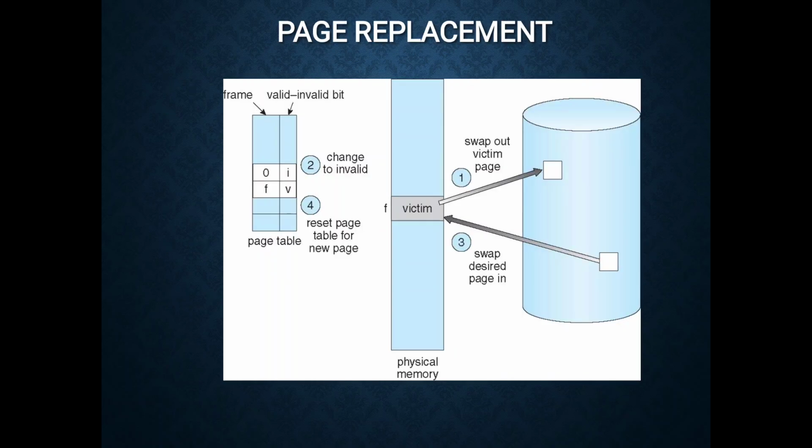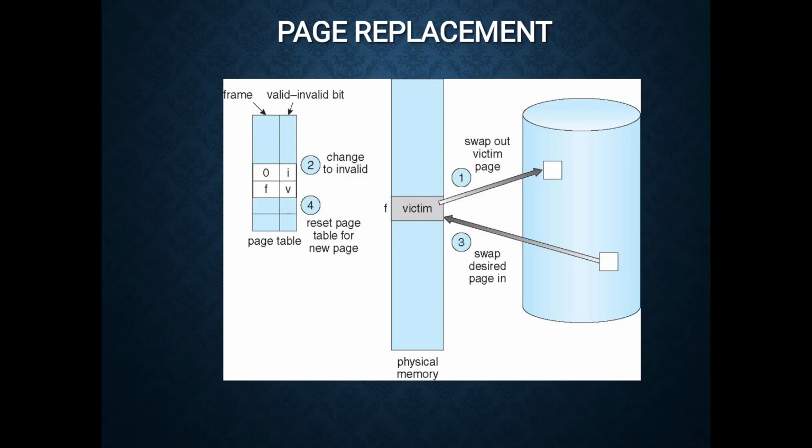Here the page replacement is described. The page that is not used frequently is the victim page. First we find that victim page, swap it out to secondary storage, the backing store, and change it to invalid in the page table.